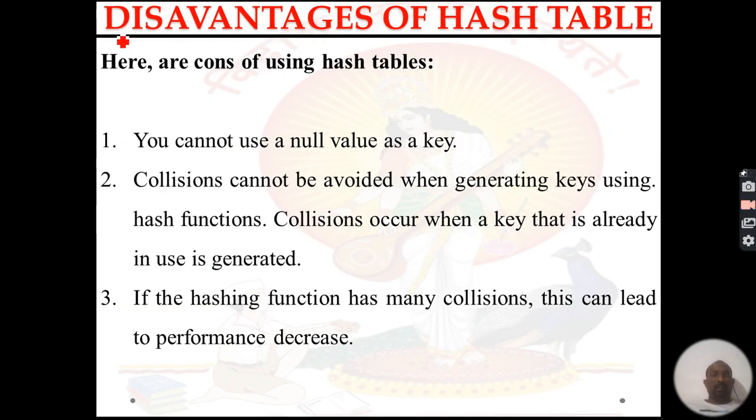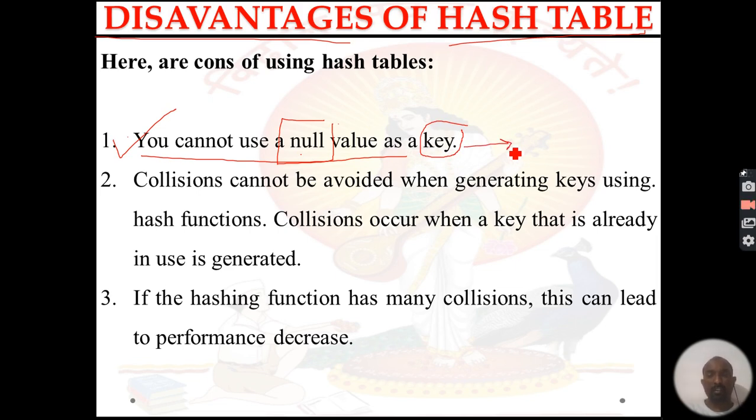Now next part, disadvantages of hash table. You cannot use a null value as a key. There should be a value for the key. It should not be empty or null.